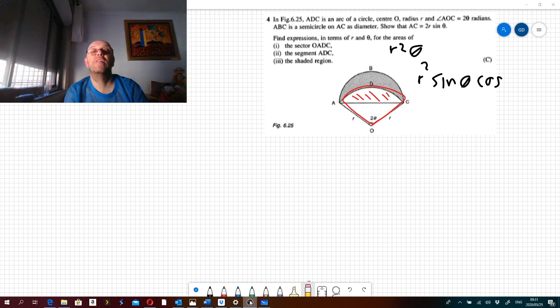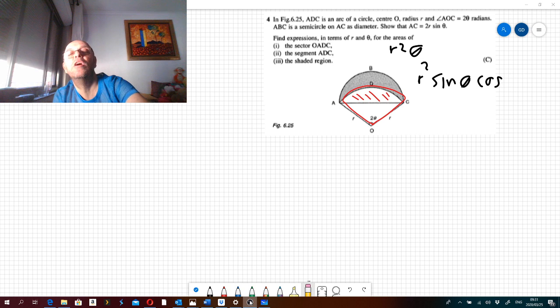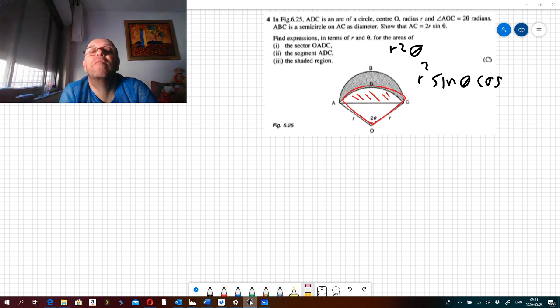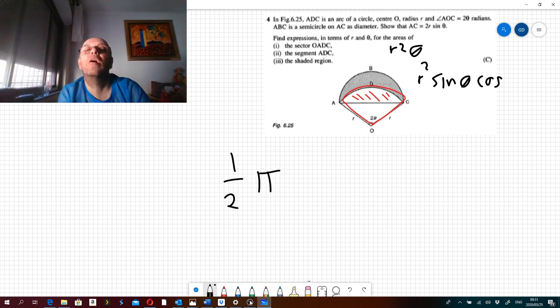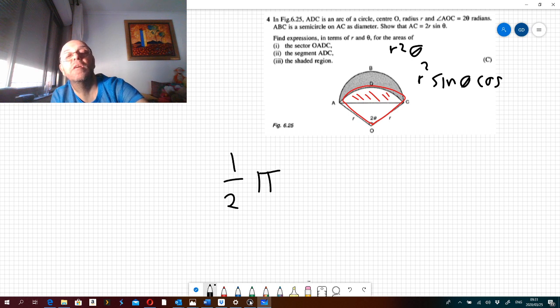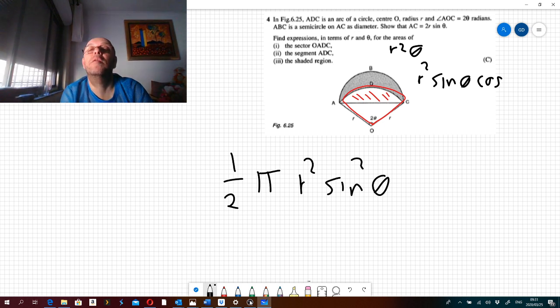Now we've already found the segment area, so the shaded region would be the semicircle's area minus that segment area that we already found. So being a half pi r squared, it is a half pi. What is the r? The r is half the length of AC, so that'll just be r sine theta. So that's r squared sine squared theta.